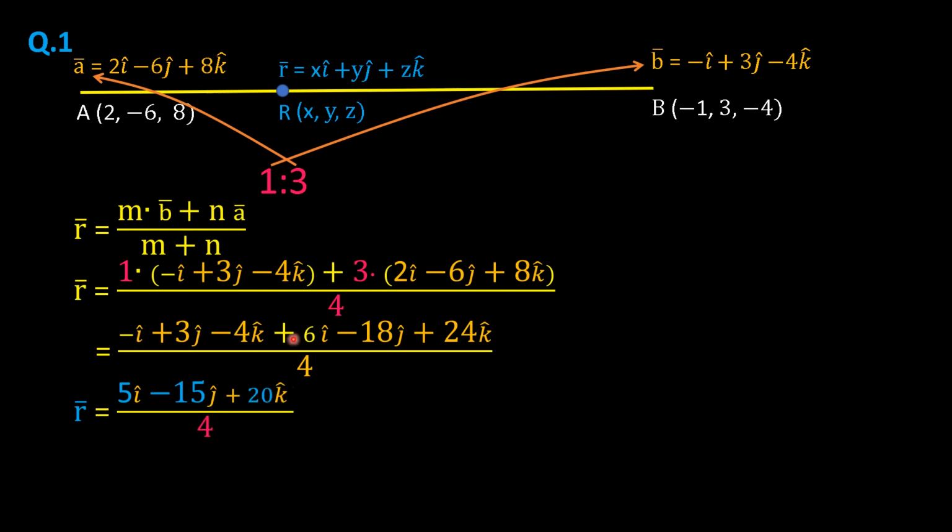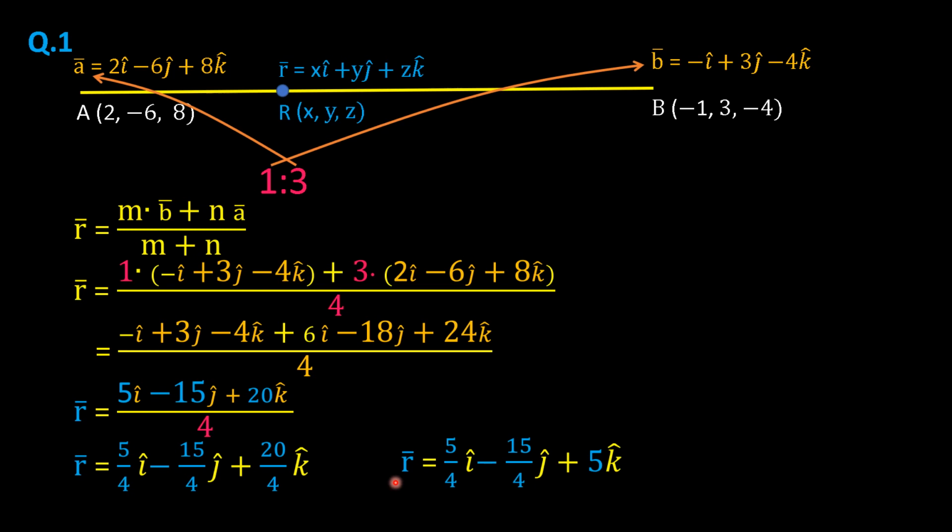Now minus i plus 6i will be 5i, 3j minus 18j will be minus 15j, minus 4k plus 24k will be plus 20k divided by 4, which will be 5 by 4 i minus 15 by 4 j plus 20 by 4 k, which finally will be R bar equals 5 by 4 i minus 15 by 4 j plus 5k.